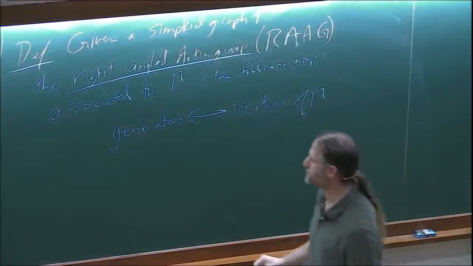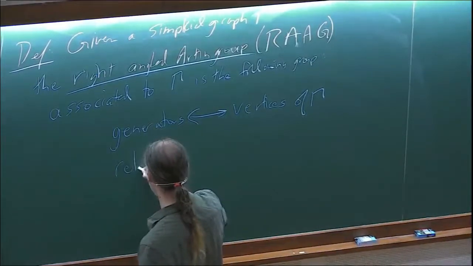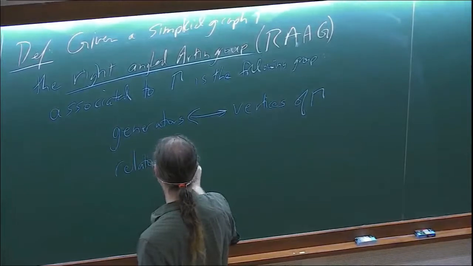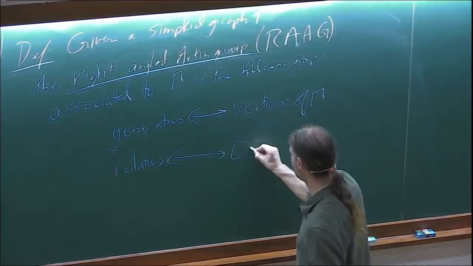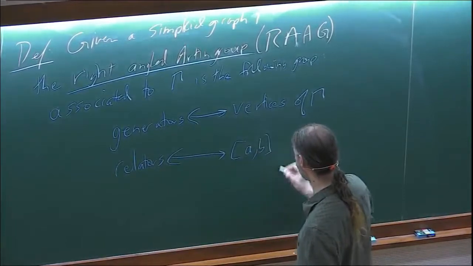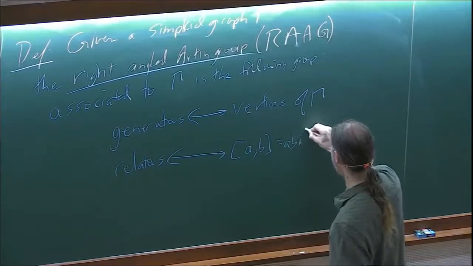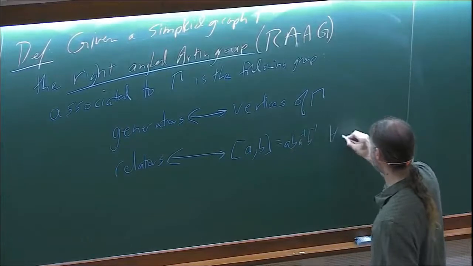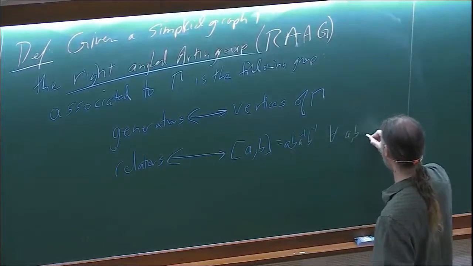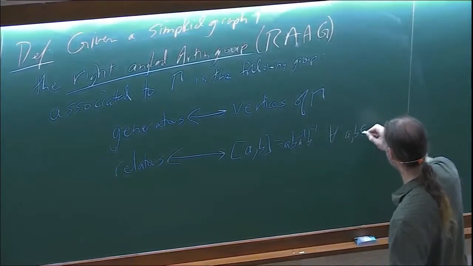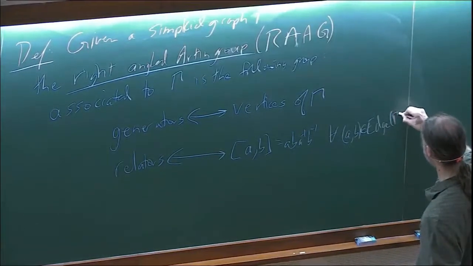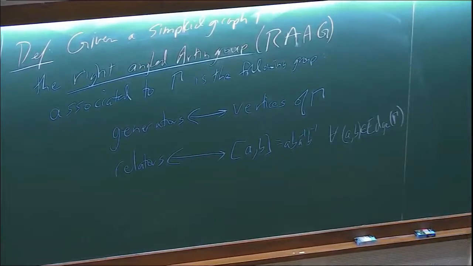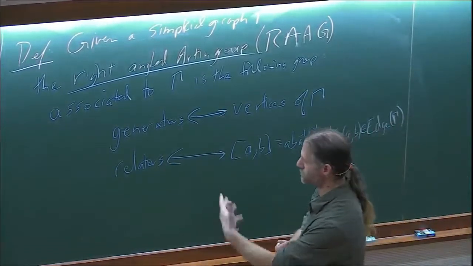And the defining relators: you do a commutation relation, just a, b, a inverse, b inverse for each edge ab in the edges of gamma. So if you have an edge, you say those two generators commute. Otherwise, you don't do anything with that.